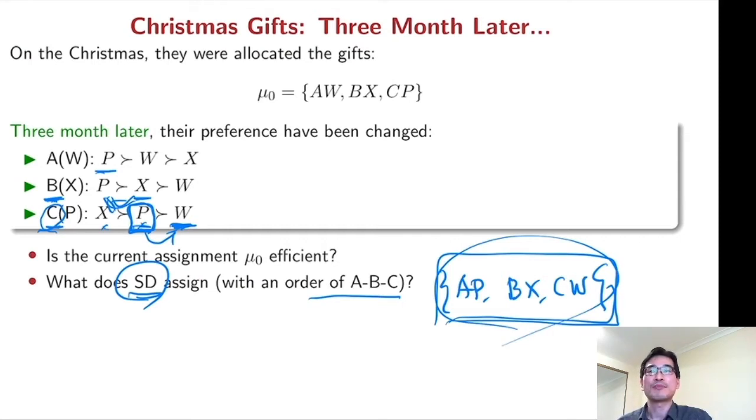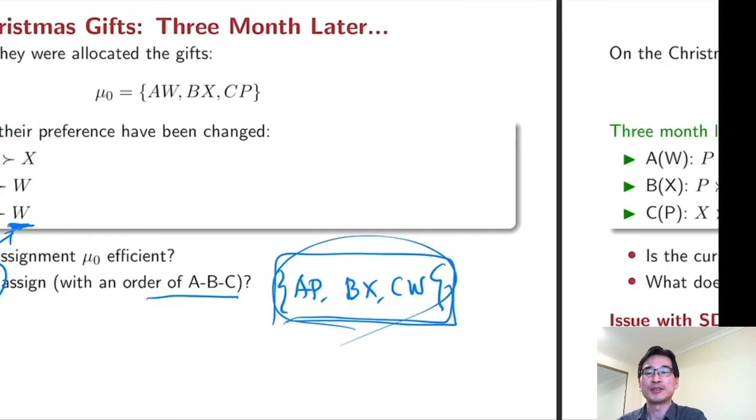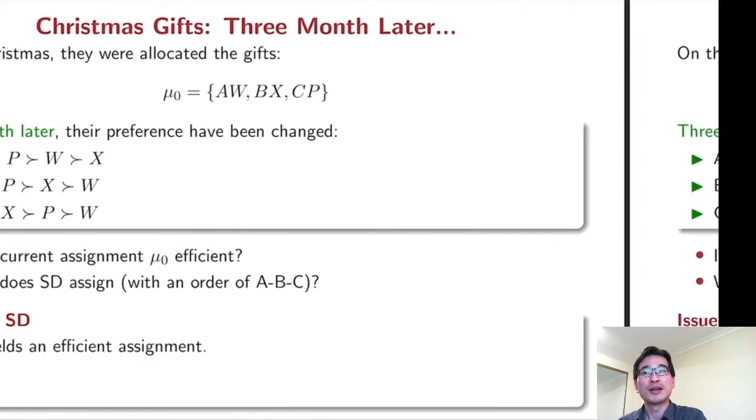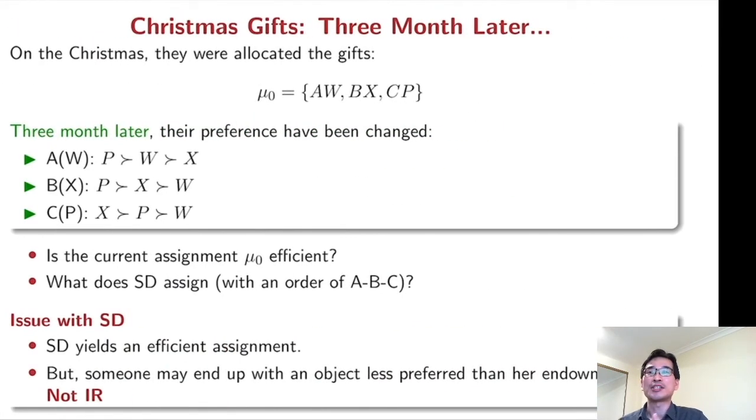So this may not be considered fair. The serial dictatorship algorithm gives an efficient assignment, but someone may end up with an object less preferred than her endowment. So this serial dictatorship algorithm may not be individually rational.